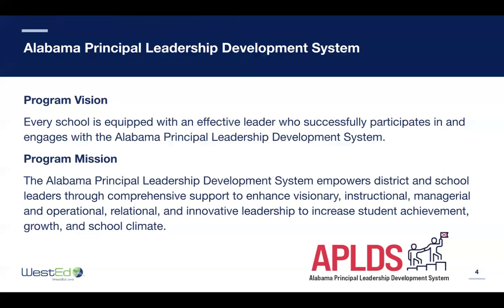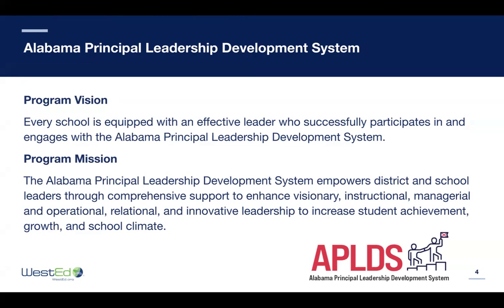As we begin this session, it's important to connect the focus today with the overarching vision and mission of the Alabama Principal Leadership Development System. Program vision: every school is equipped with an effective leader who successfully participates in and engages with the Alabama Principal Leadership Development System.